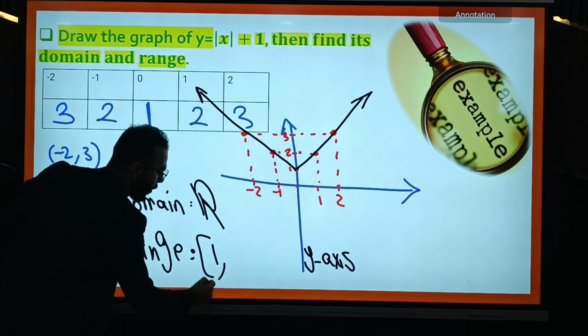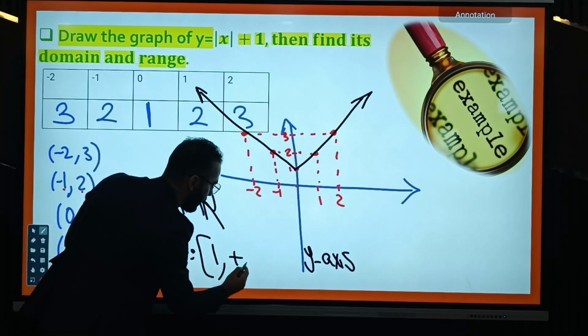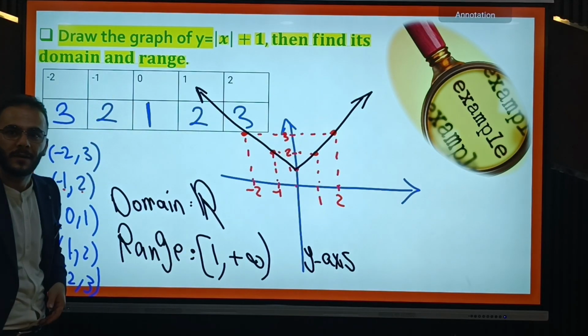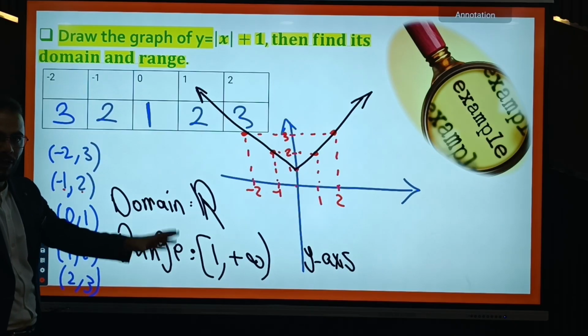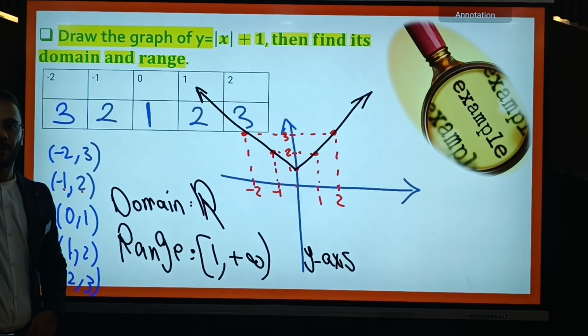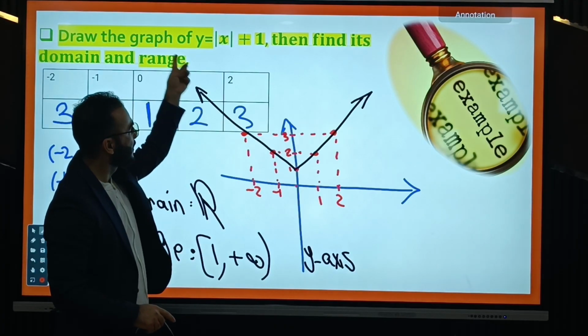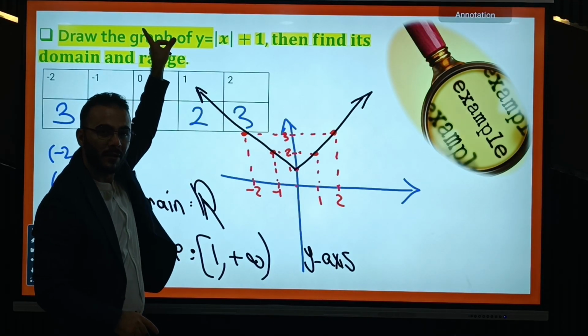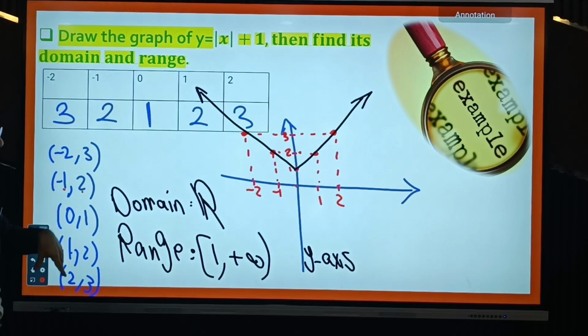So it starts from 1 and it goes to positive infinity. That is the range. Always from the lowest point to the greatest point. So the lowest point is 1 and the greatest point, look, it continuously just goes up. That's why it's from 1 to positive infinity. Perfect.